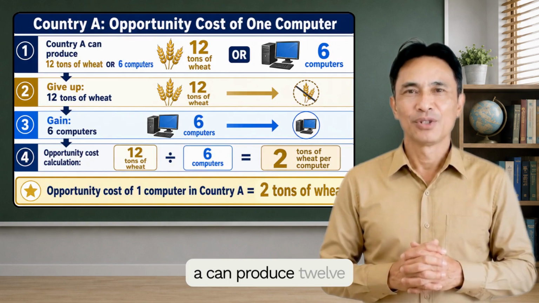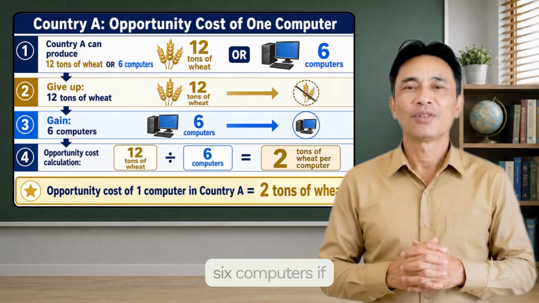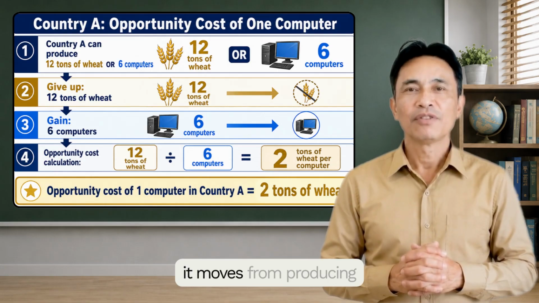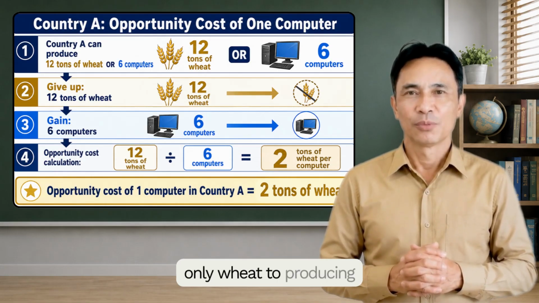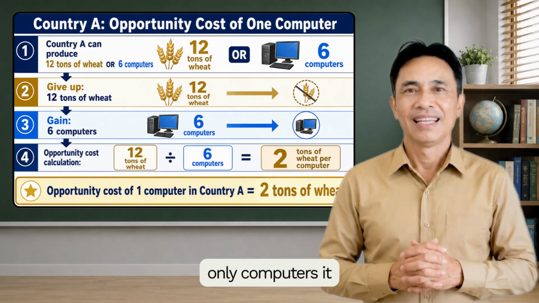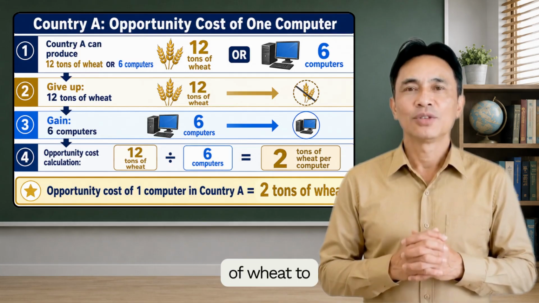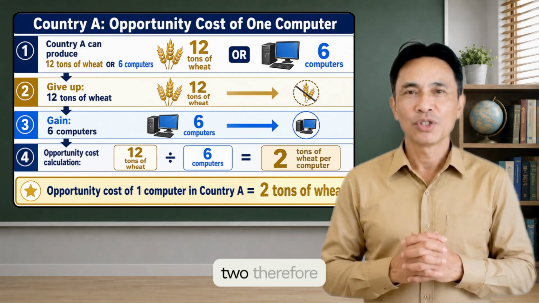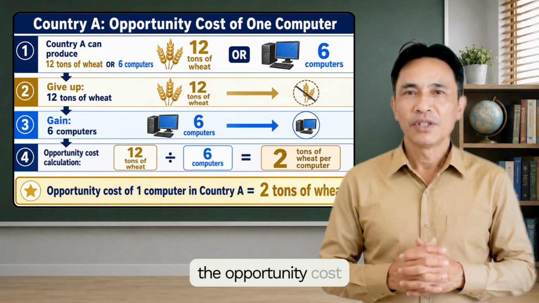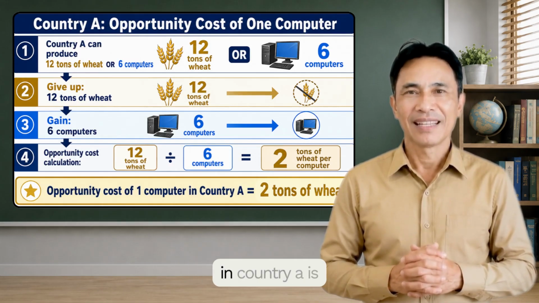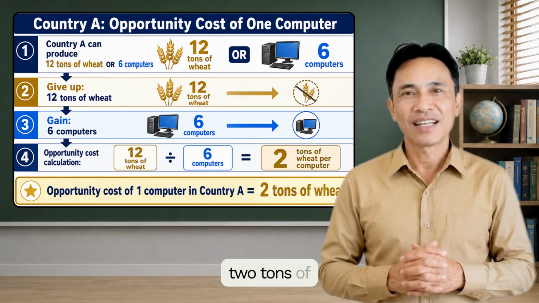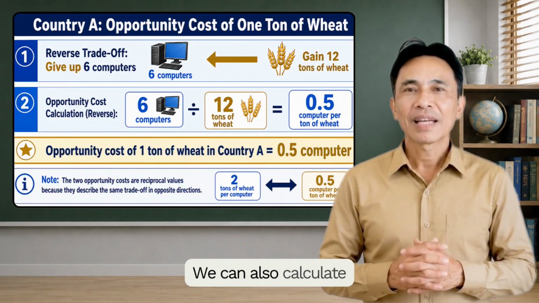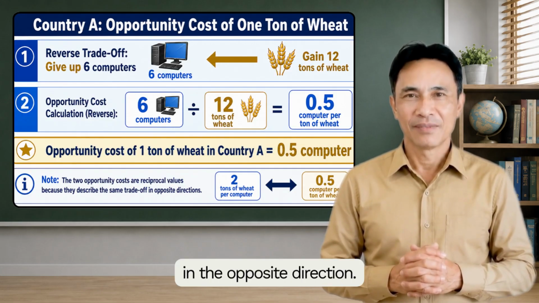Country A can produce 12 tons of wheat or 6 computers. If it moves from producing only wheat to producing only computers, it gives up 12 tons of wheat to gain 6 computers. 12 divided by 6 equals 2. Therefore, the opportunity cost of one computer in country A is 2 tons of wheat. We can also calculate the cost in the opposite direction.